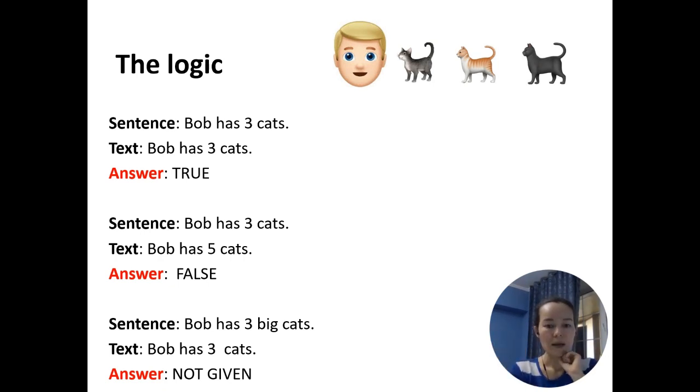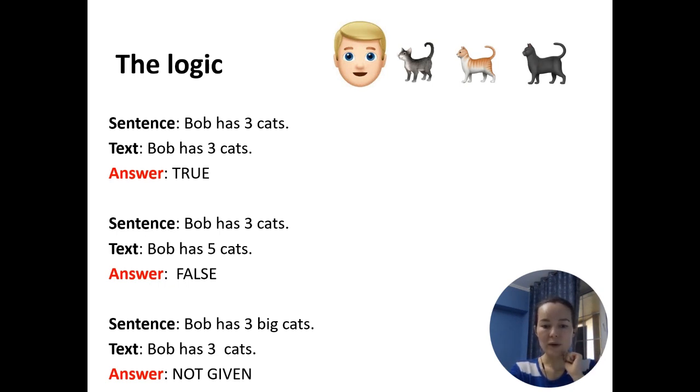Let's imagine that the sentence says Bob has 3 big cats. The text says Bob has 3 cats. So Bob, the same person, has cats. The situation with ownership of cats is the same, and the number of cats is the same.